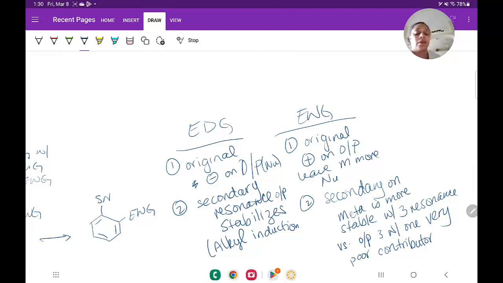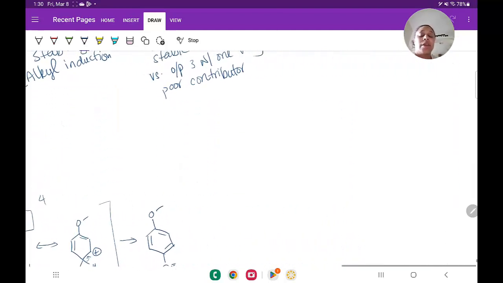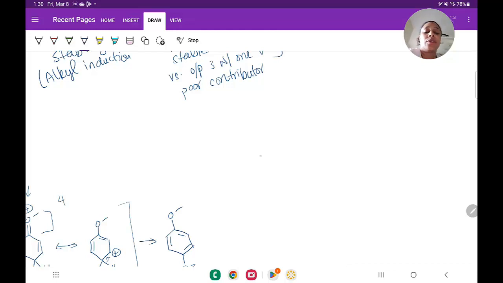Now our last thing that I kind of mentioned, and we'll get back into that, is if you're talking about having multiple things on the ring, as you saw in your reading, multiple groups on the ring are going to go by a couple of different things. So the more strongly donating group, and this is where we're now going to have to figure out what's strong versus weak. We kind of briefly talked about that in Organic 1 as well as this semester, but now you really want to focus on strong donators.